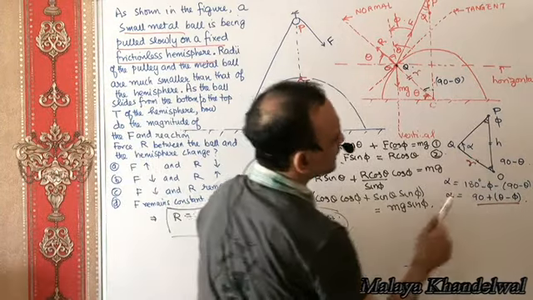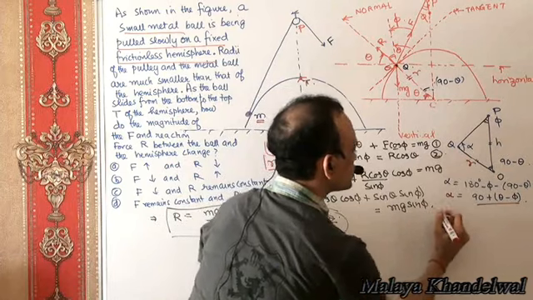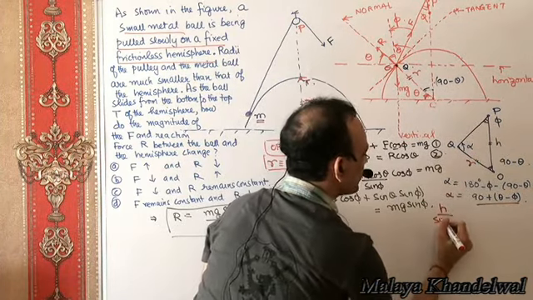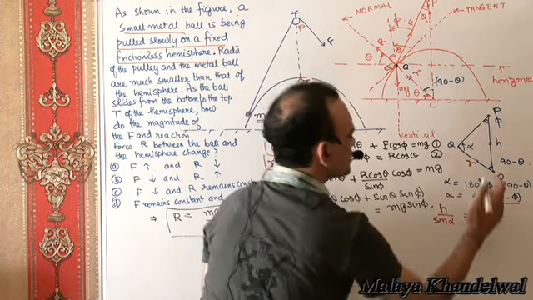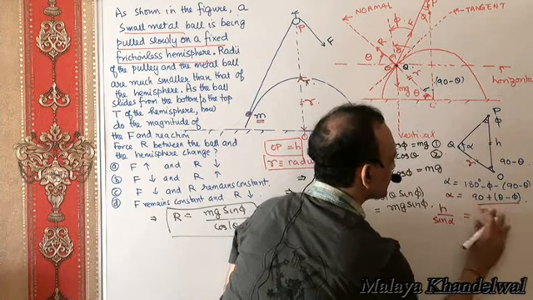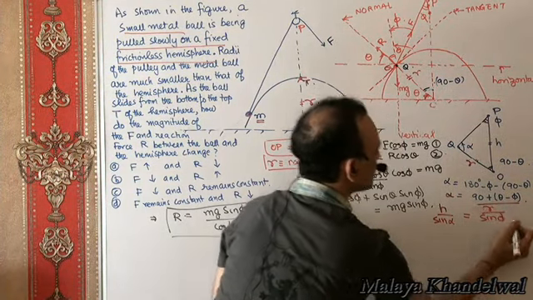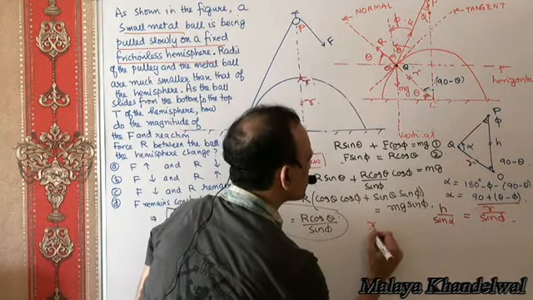Now, if I apply sine rule to this, do you see that h divided by sine alpha equals small r divided by sine phi, right? And what does small r by h turn out to be?